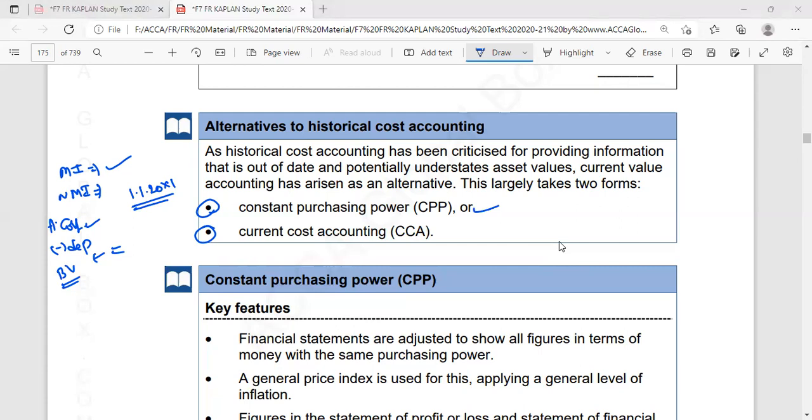It is also called current purchasing power accounting, constant dollar accounting, or general price level accounting. Non-monetary items are generally recorded at historical cost.